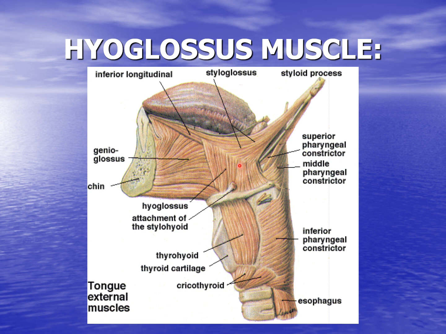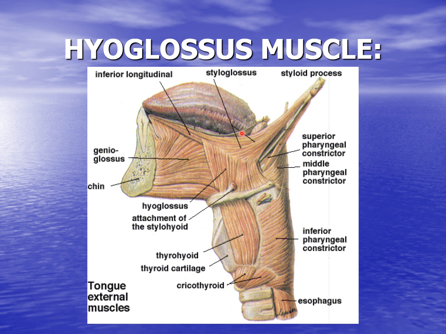From the greater horn, this is the muscle which is called the hyoglossus. It comes from the hyoid bone upwards vertically to be inserted into the whole length of the tongue. So the origin is the greater horn of hyoid bone, the insertion in the whole length of the tongue.